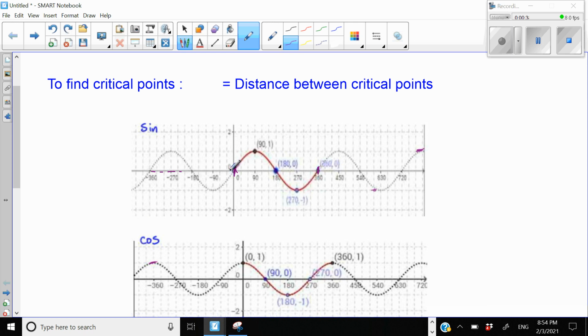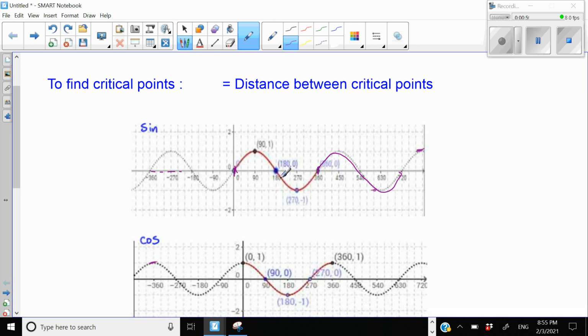Like between these 2 points, the function is not repeating, and right after this one, it's going to repeat itself, or before this point. The same is for cosine. We learned that one cycle is the section of the sine or cosine which is not repeating.